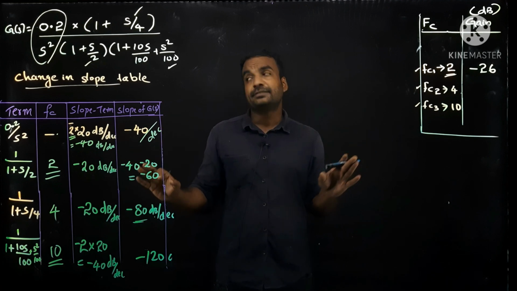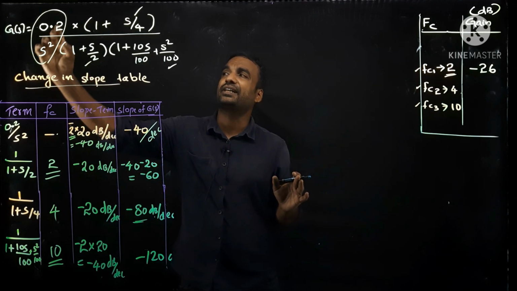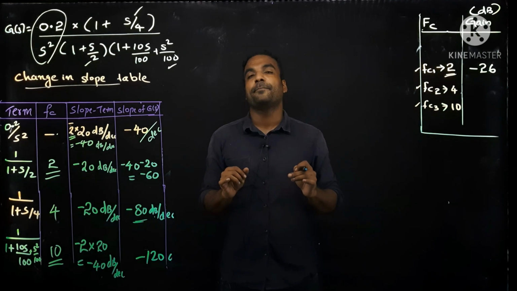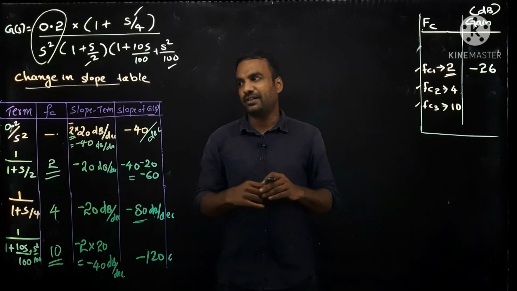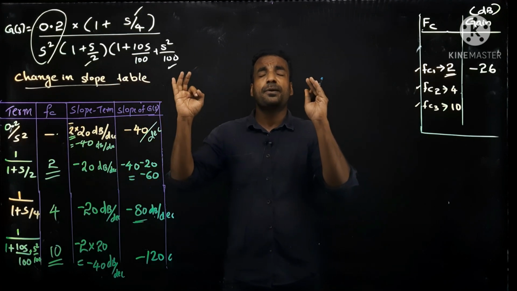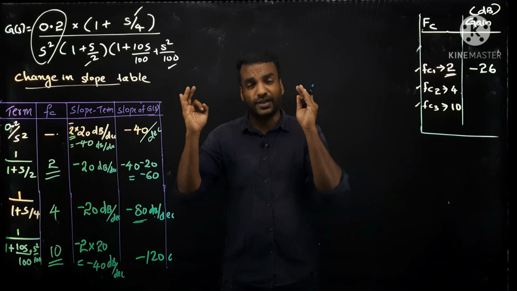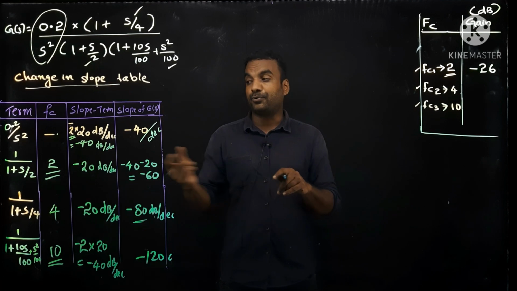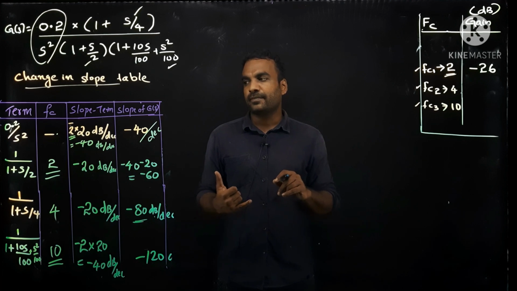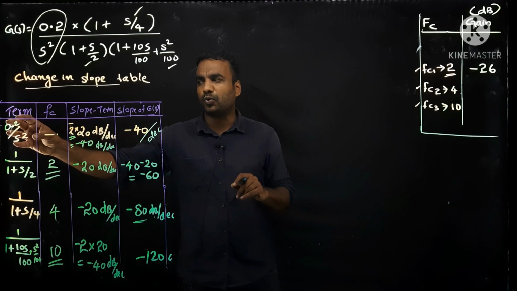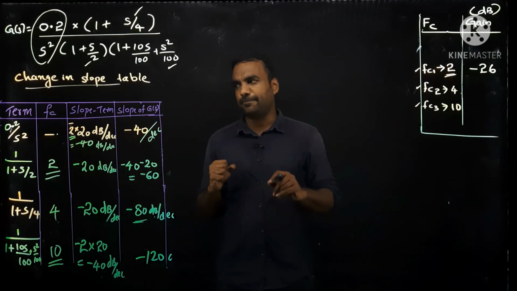Please listen. Yes, 0.2 into s square. Like that, the first term is very important. It will determine the magnitude up to the first corner frequency. It is a really important point to know how to identify the first term.